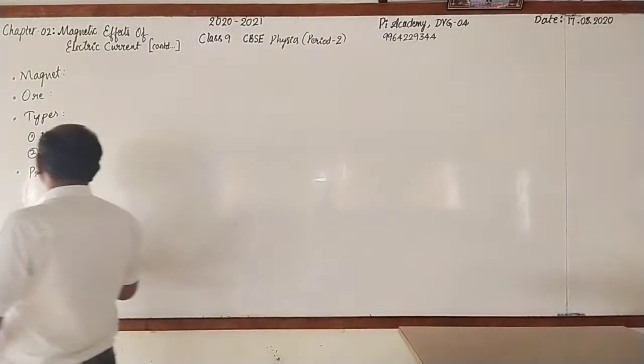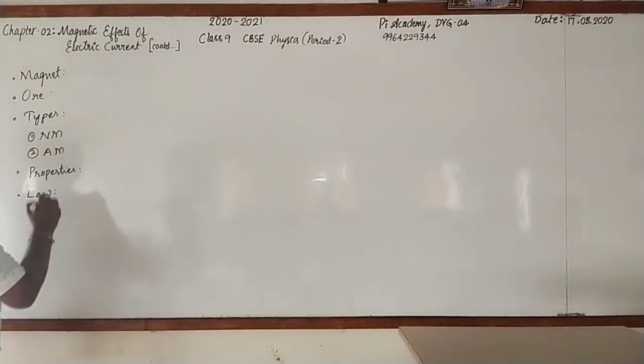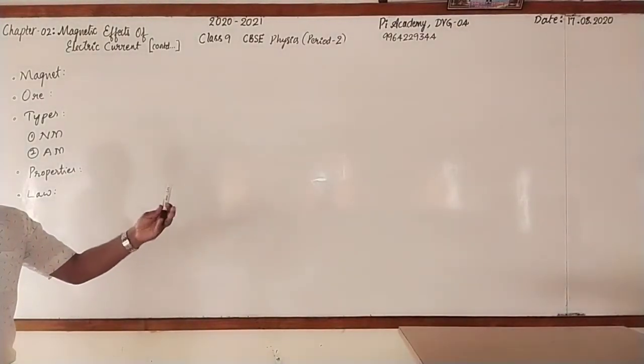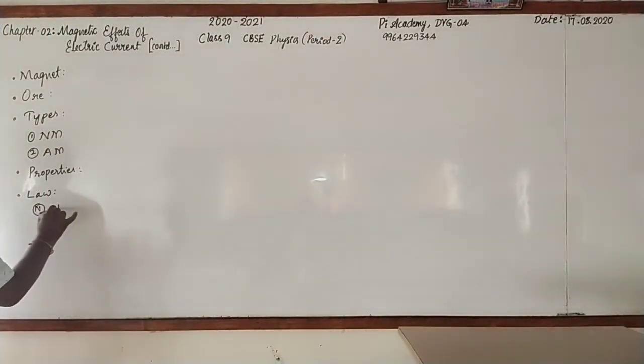Then we also learned the law of magnetic poles. What is it? We told that in one of the properties, like poles of two magnets repel each other and unlike poles attract each other. See that here, north and north will repel each other.